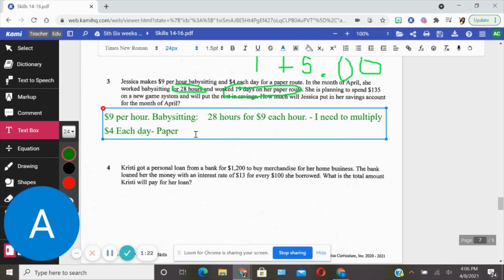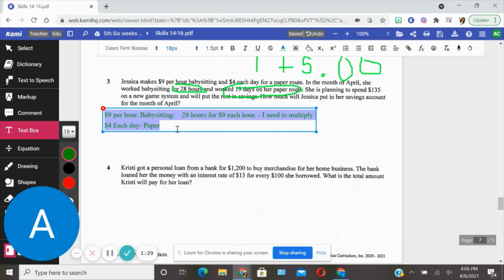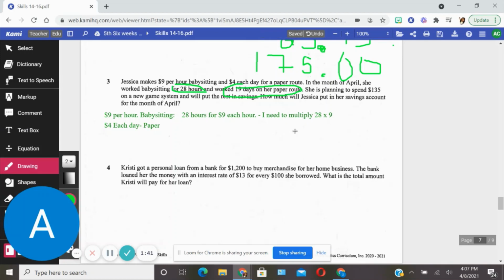I'll go ahead and try to make this smaller. I need to multiply what? I need to multiply 28, because that's how many hours I have, by $9. So I'm going to do that over here on the side.